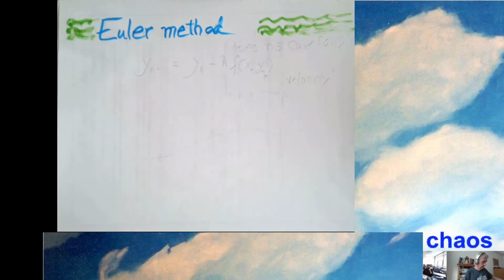So Euler did amazing things, but here is what we call Euler's method, which would be embarrassing because, of course, he did much better than this.